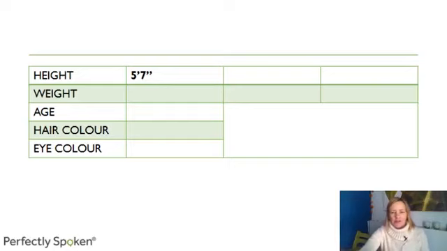Okay, so it's a bit complicated. But anyway, don't worry, I have the information in other terms as well. So you've got height, 5'7" or 170 centimeters, or 1 meter 70.